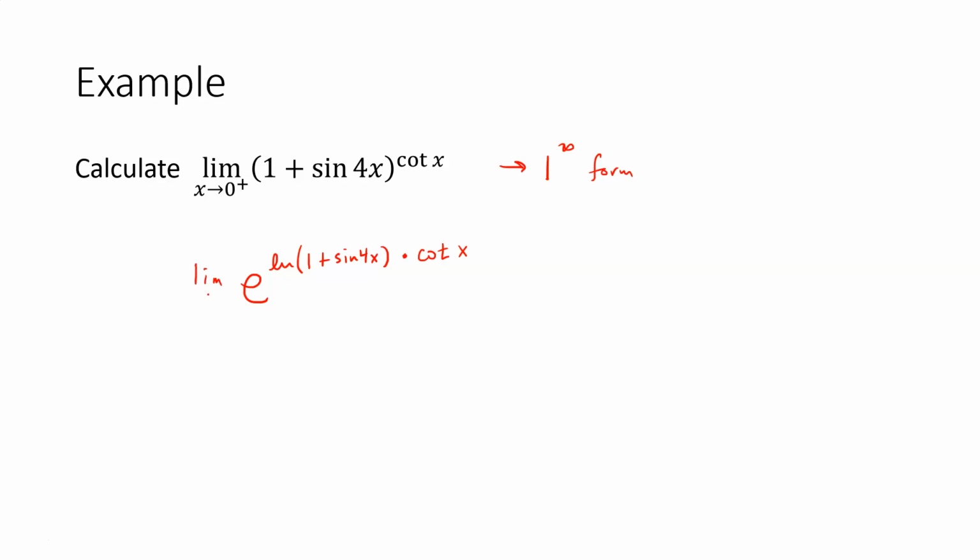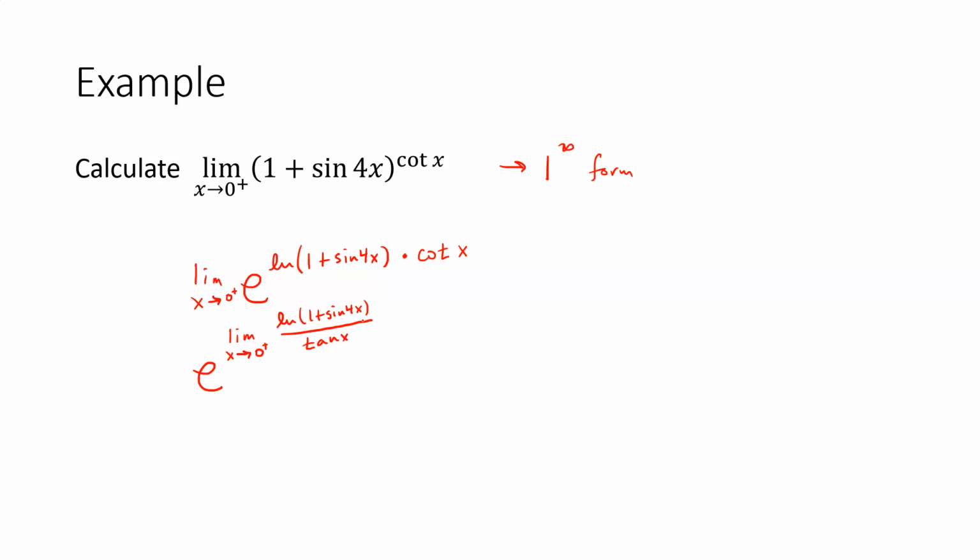So this limit as x approaches 0 can be brought into the power in front of the ln. So I've got now e to the limit as x approaches 0 from the right of ln of 1 plus sine of 4x. And then here cotangent x, I'll bring that to the denominator, and it becomes tan x in the denominator.